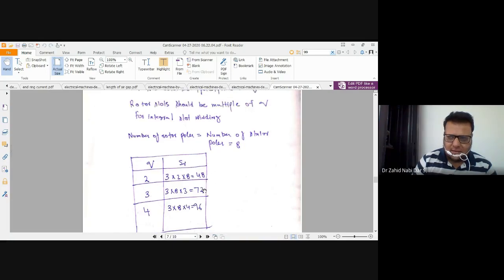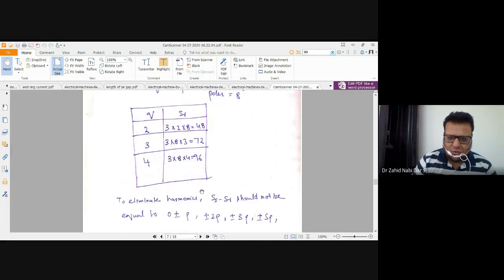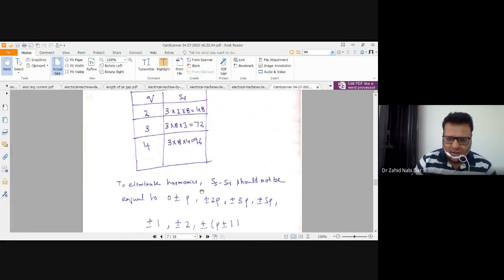In this wound rotor induction motor, to eliminate harmonics, SS, that is stator slots, minus SR, that is rotor slots, should not be equal to 0, plus minus P, plus minus 2P, plus minus 3P, or plus minus 5P.